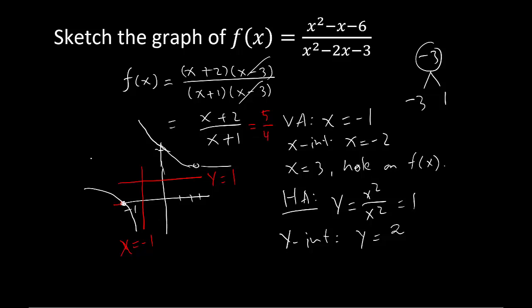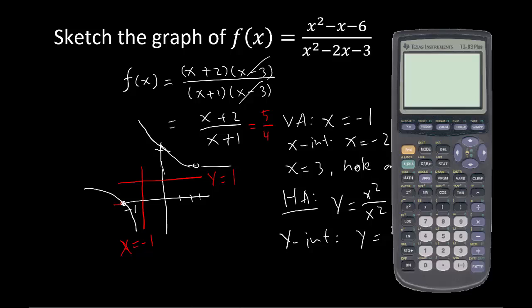Let's try it in the calculator. So I type the function x squared minus x minus 6 from the numerator, x squared minus 2x minus 3 from the denominator, and then graph it with the standard window. I can go to zoom and 6, that will give me a standard window. So in this graph, this point here is x is negative 2 and y is 0.